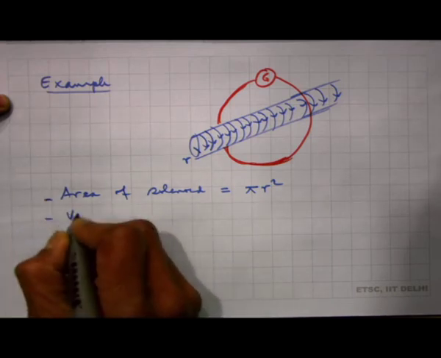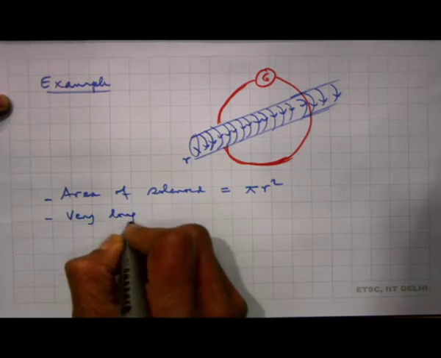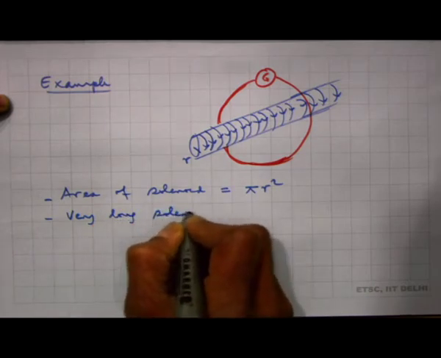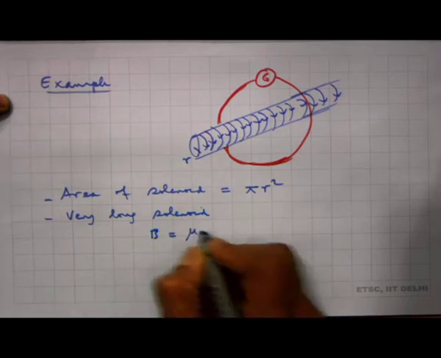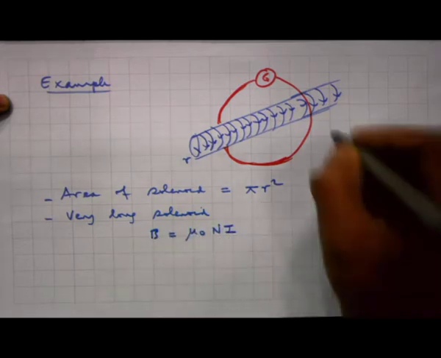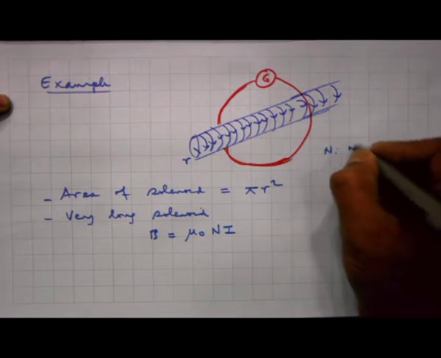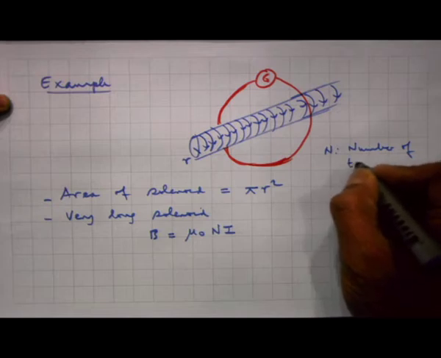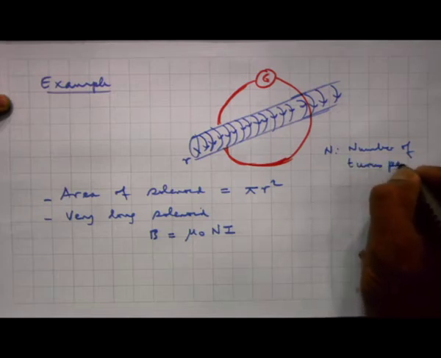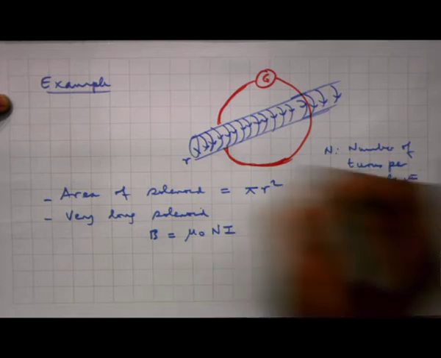For a very long solenoid, the magnetic field is equal to mu naught n times I, where n is the number of turns per unit length, and the current is I.